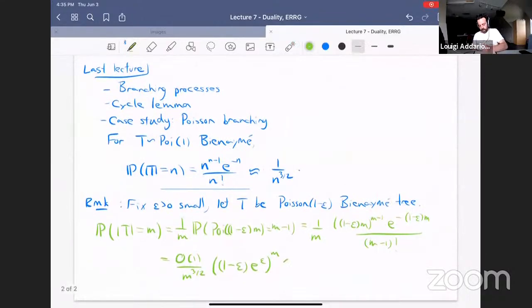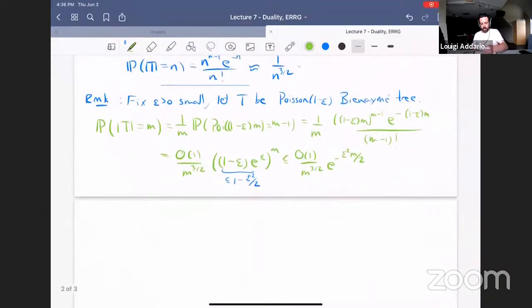And this you can check is at most (1 minus epsilon squared) on 2, and so this is at most order 1 on m to the 3/2, and then e to the minus epsilon squared m on 2.